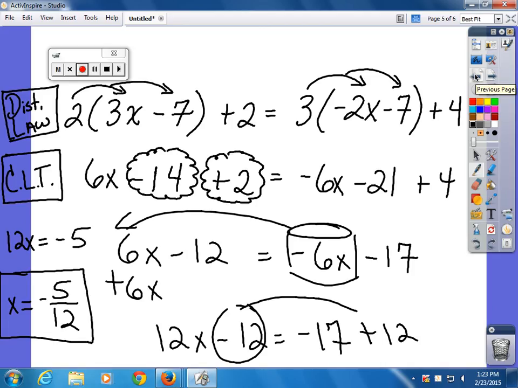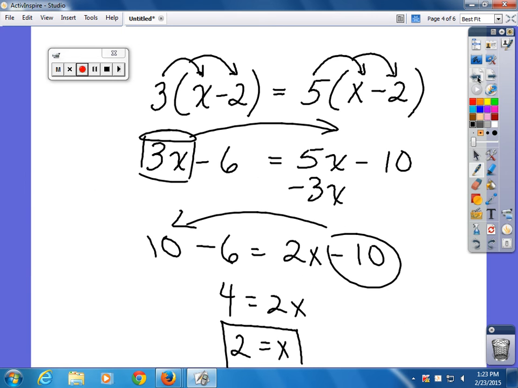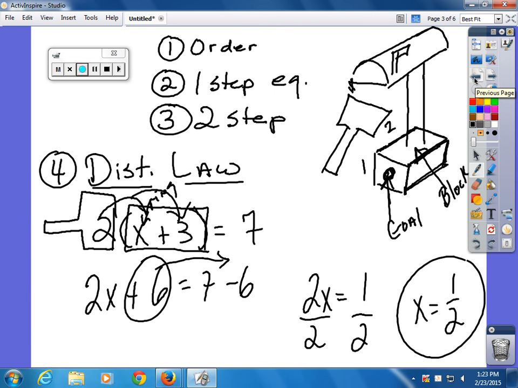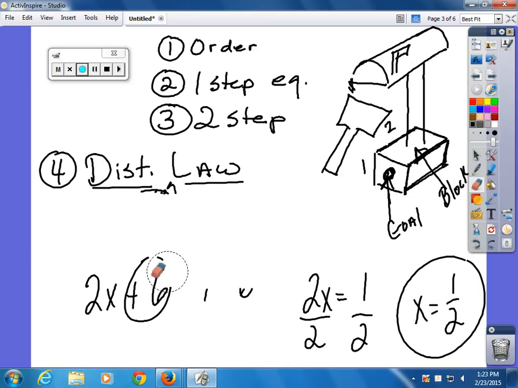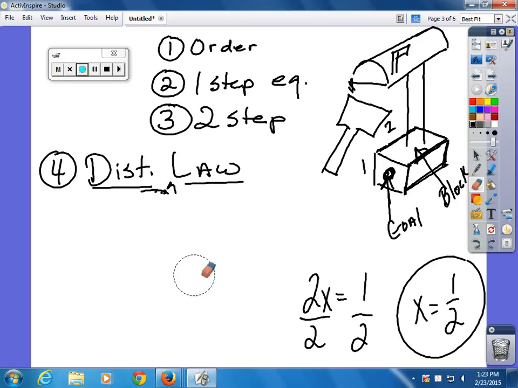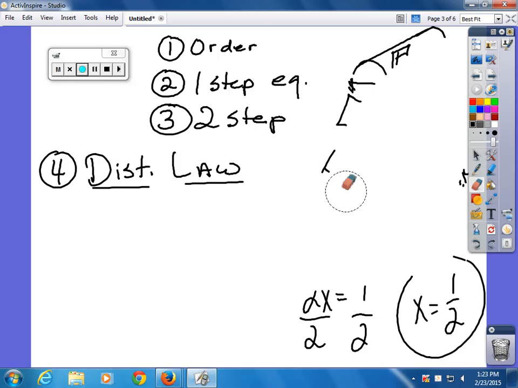Okay? So, what's left? Well, we went over, let's say for the virtual eraser, we went over and got those steps out of the way.